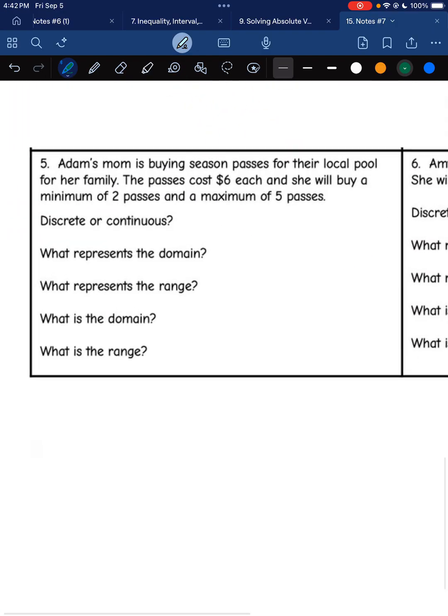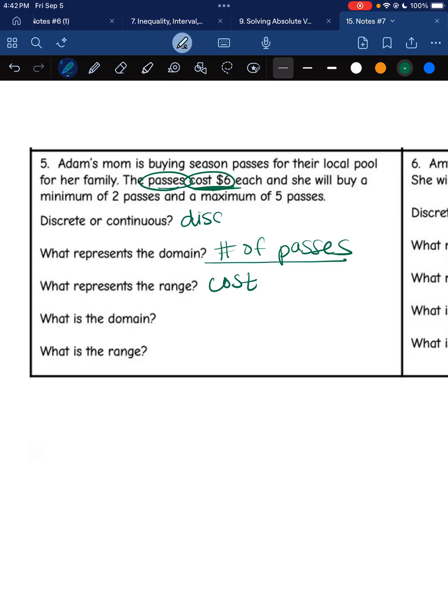The next one we're talking about number of passes, and we're talking about the cost. So between those two, the one that I can't change is the cost because it's always going to be $6. So the number of passes is a domain, and then number of passes, I cannot have a decimal for that. It has to be 1 pass or 2 passes. So this is discrete. So passes, cost.